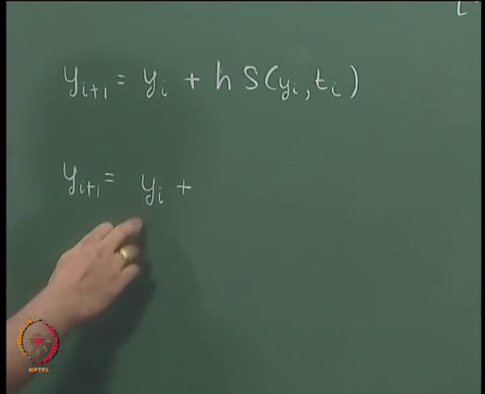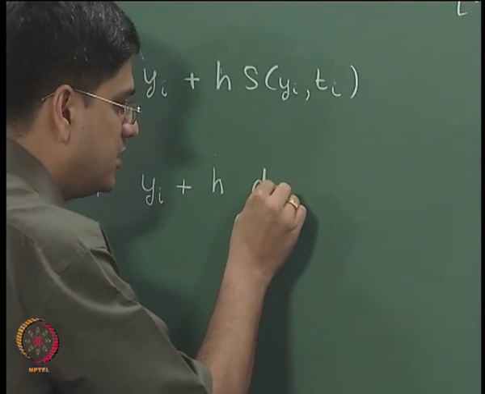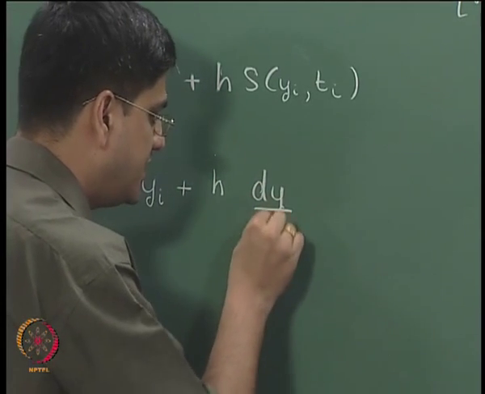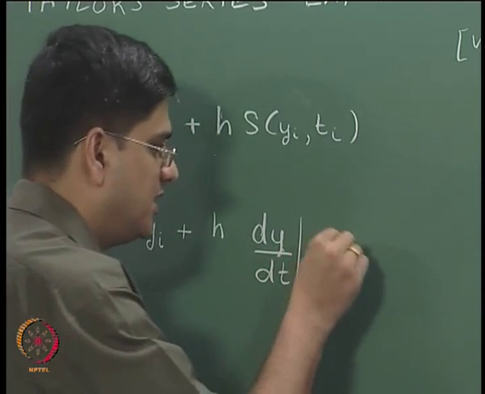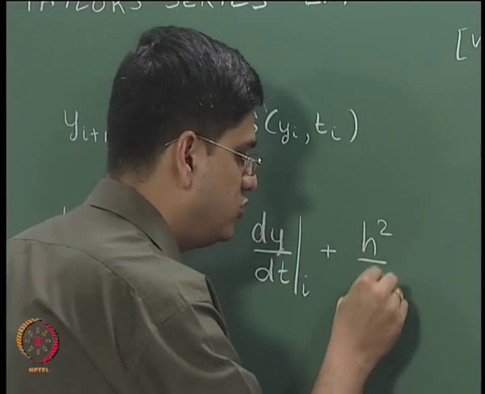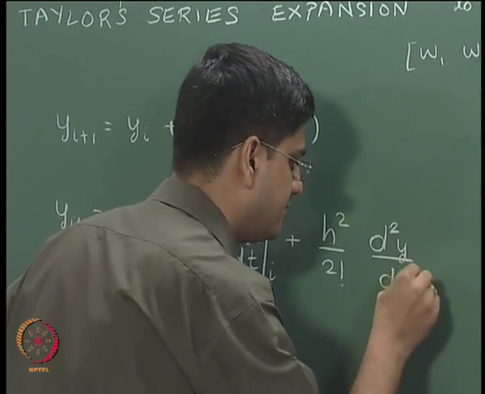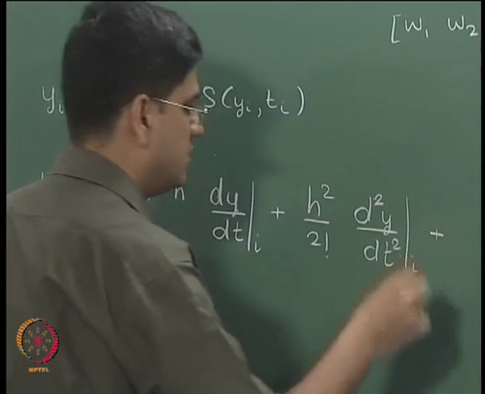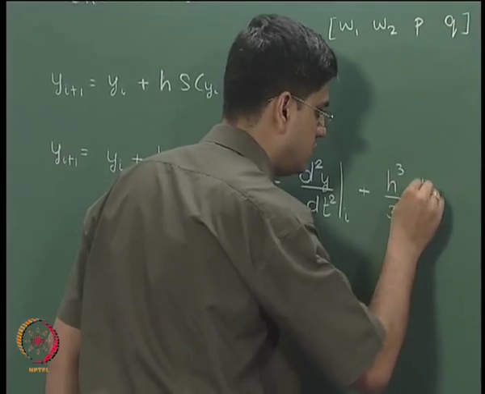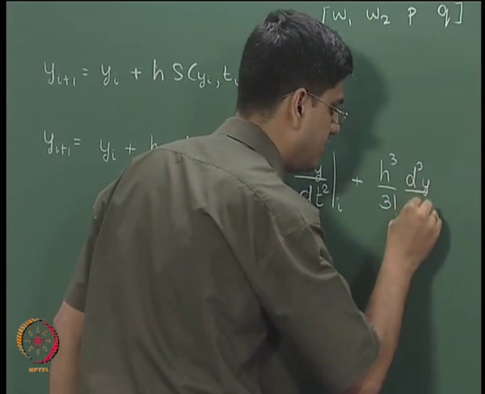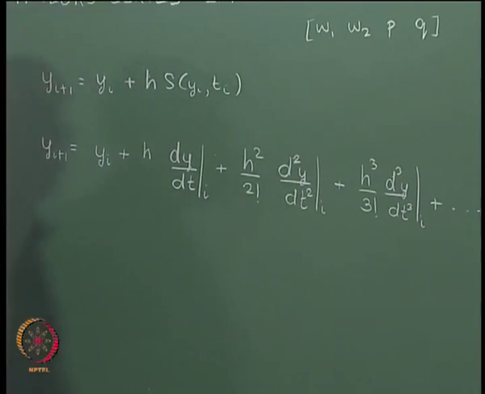So, yi plus 1 is going to be equal to yi plus h multiplied by dy by dt computed at yi plus h squared by 2 factorial d squared y by dt squared computed at i plus h cubed by 3 factorial d3y by dt3 at i plus so on and so forth.